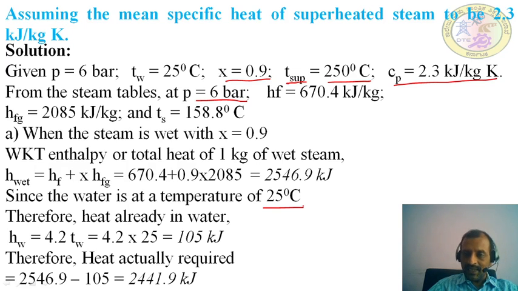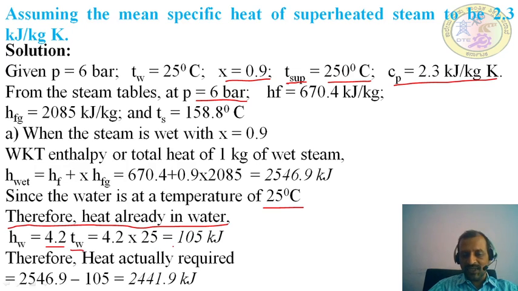Since he told in the problem itself that the water is initially at a temperature of 25 degrees Celsius, it means that to reach 25 degrees Celsius it would have consumed some amount of heat. That heat you need to find out now. Therefore, the heat already in water is 4.2 into TW. What is 4.2? It is the specific heat of water. Multiply the specific heat of water with the given temperature.